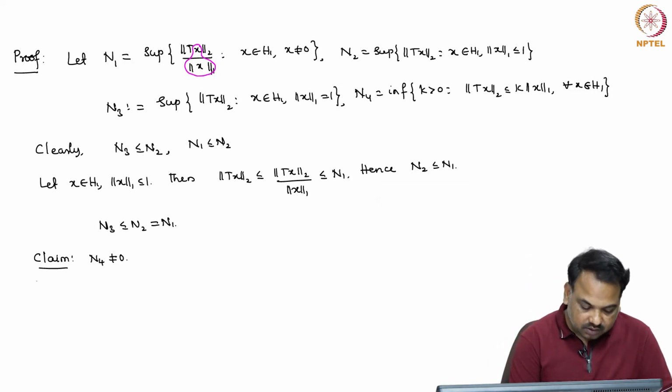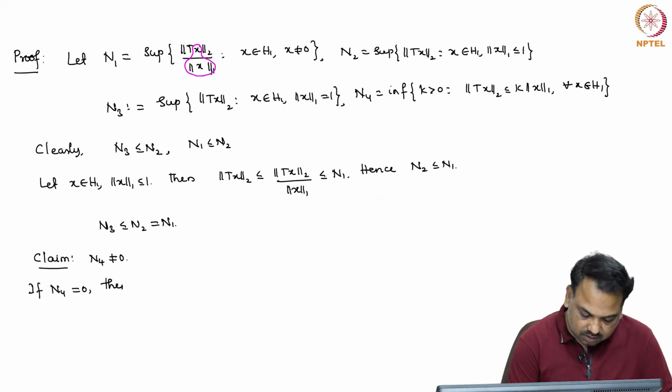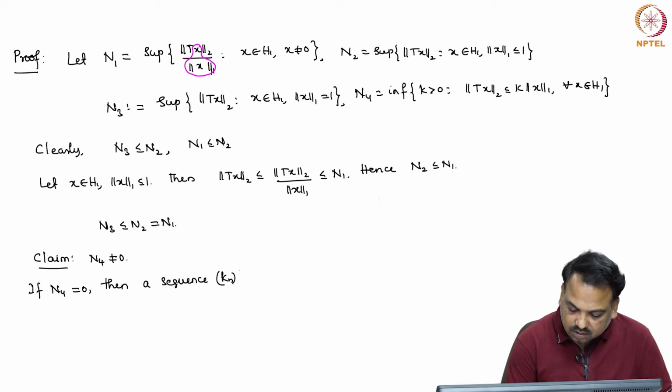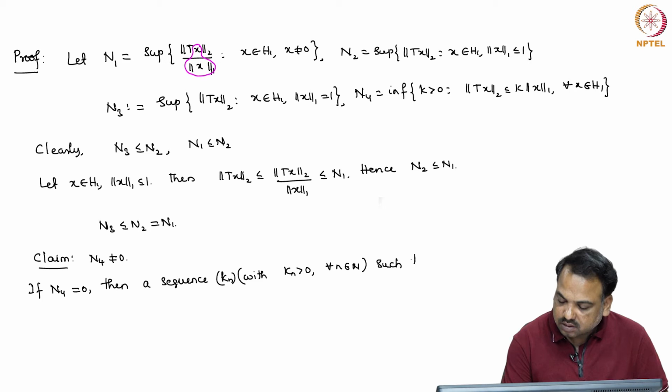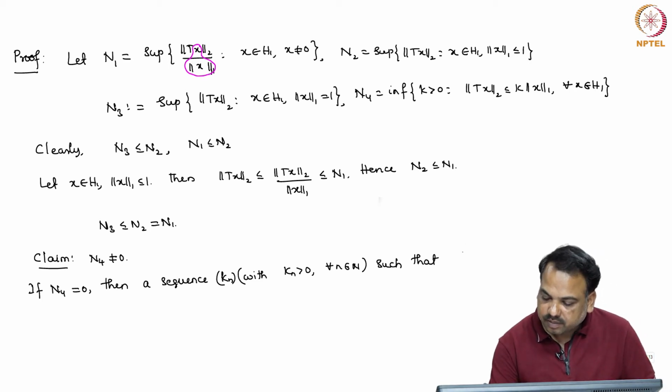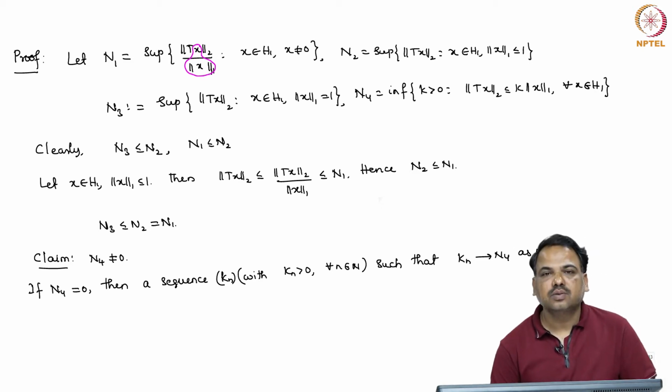If N4 is 0, then there exists a sequence Kn with Kn bigger than 0 for every n in N such that Kn converges to N4 as n going to infinity.